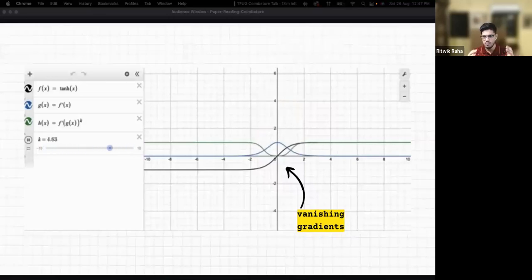And as you keep on doing the derivative, you'll only keep on doing the derivatives as long as you have more weights to tune. And more weights to tune only come if you have more layers. So if you have more layers, you'll have to keep on doing the derivative, and that will eventually lead to a vanishing gradient problem. And I encourage you to see and verify that by yourself using Python, or you can even use Desmos.